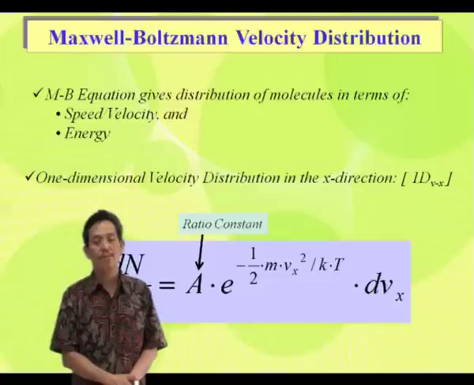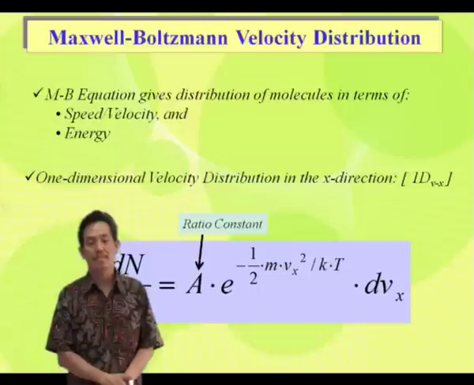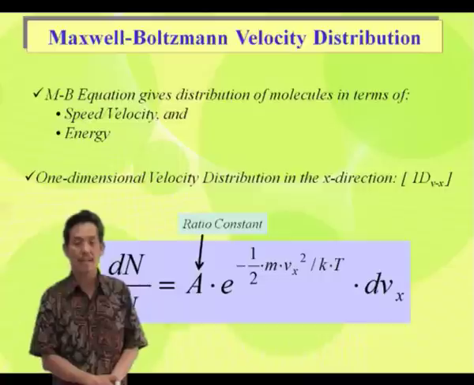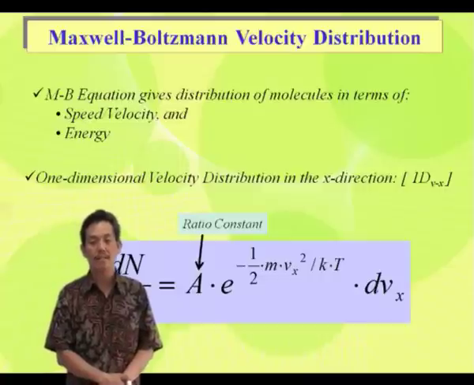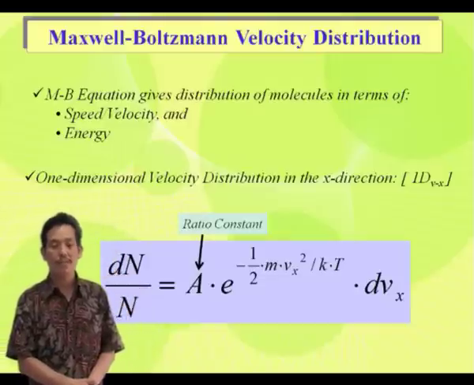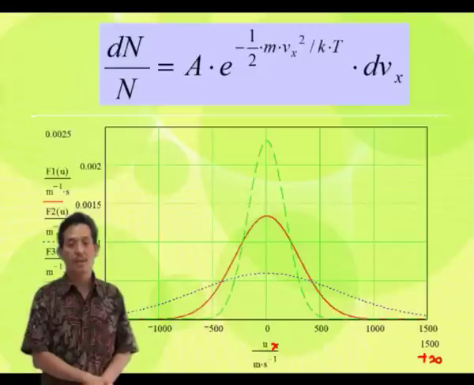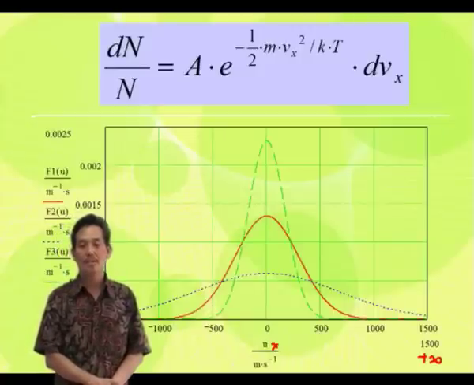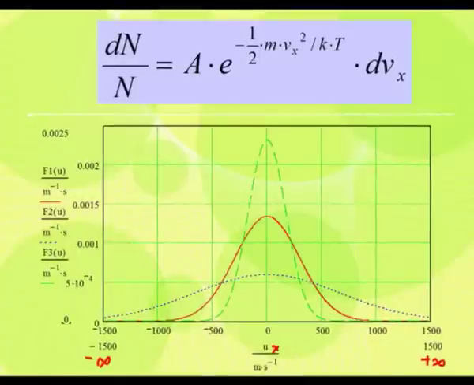So the fraction of the molecules is proportional to e to the power of minus half m Vx squared divided by kT. k is the Boltzmann constant, m is mass, V is velocity, T is temperature. You can see over here, when the temperature is higher, the fraction of the molecules will be greater.